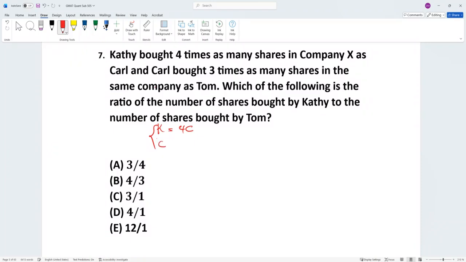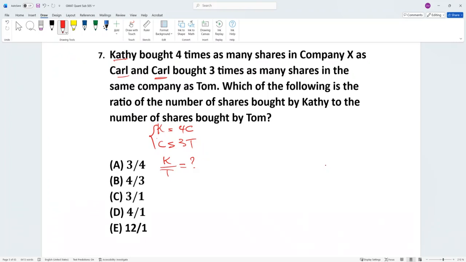And it also says that Carl bought 3 times as many shares as Tom, so C is 3 times T, where T is the number of shares bought by Tom. What they want us to find is the ratio of the number of shares bought by Cathy to the number of shares bought by Tom, so K over T. That's what they want us to find.